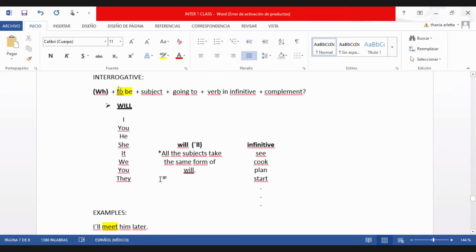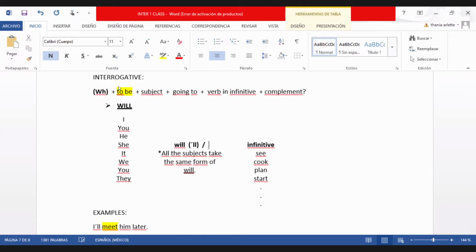For the negative. Okay, now the negative. Don't take the screenshots, not yet. This is the affirmative, and the negative is will not. Remember that will is a modal auxiliary, and all the auxiliaries become negative just with the word not. But the contraction is the most common.